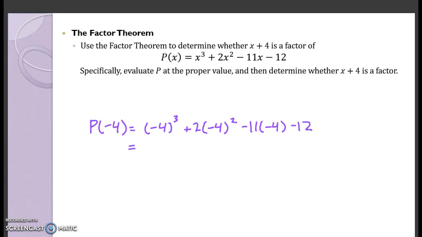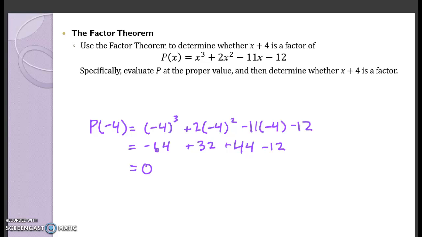Well, as we evaluate that, we'll get negative 64 plus 32 plus 44 minus 12, which ends up equaling 0.